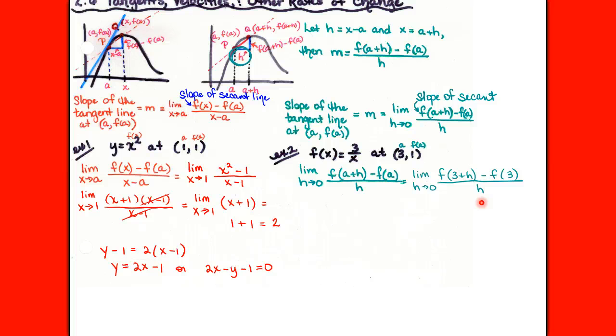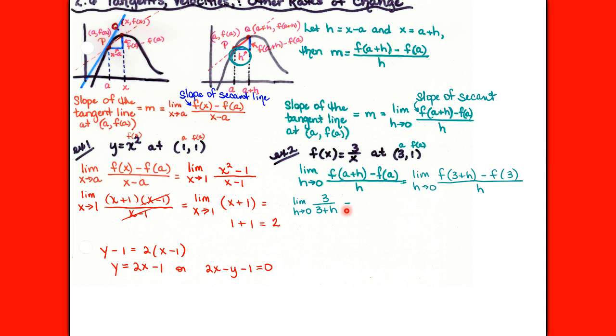All right, so f of 3 plus h literally means put 3 plus h in the place of x in that function. So that's going to give me 3 over 3 plus h. I'm putting 3 plus h in the place of x in that function.